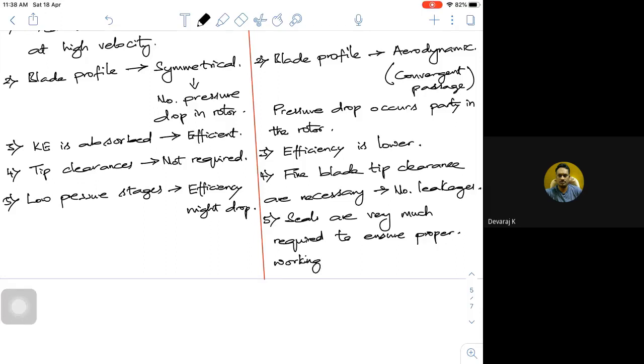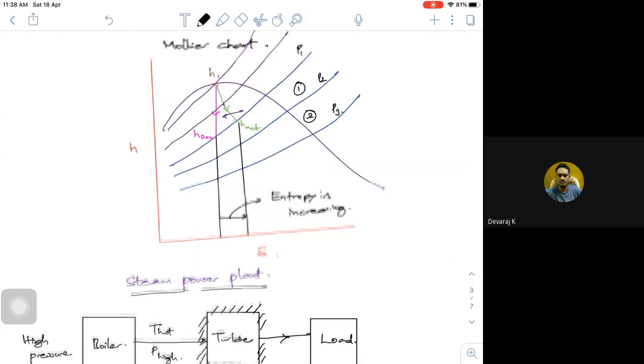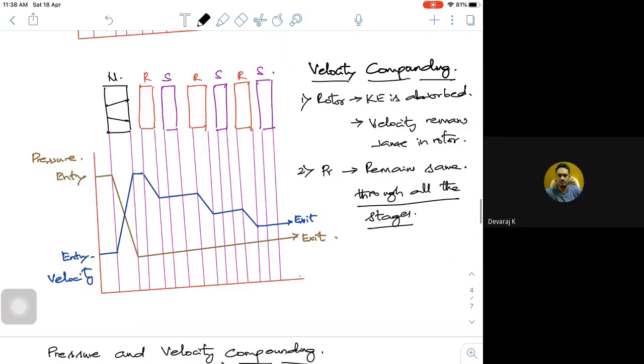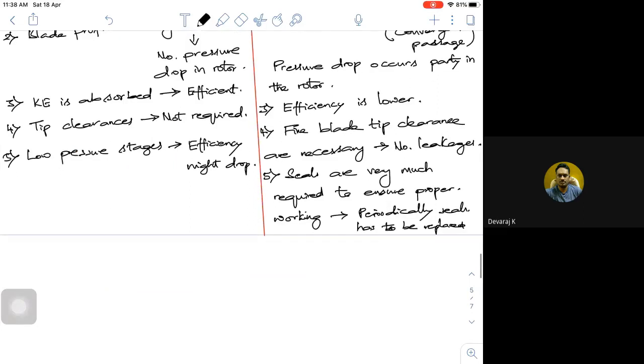And sometimes the seals have to be replaced periodically. So these are some 5 major points with respect to your impulse and reaction steam turbines.